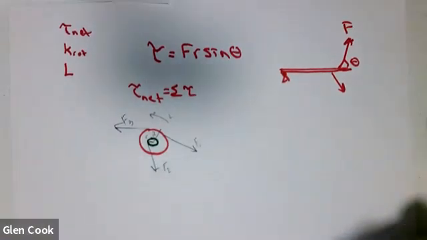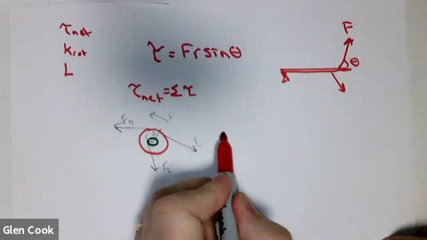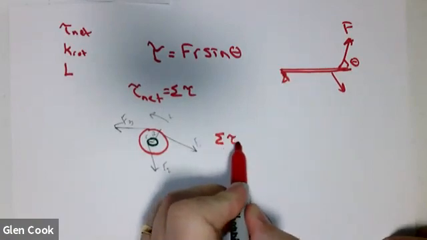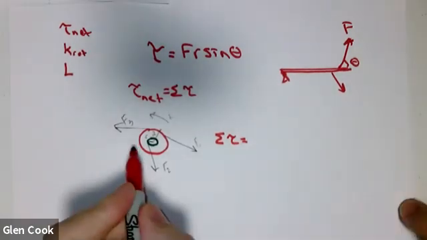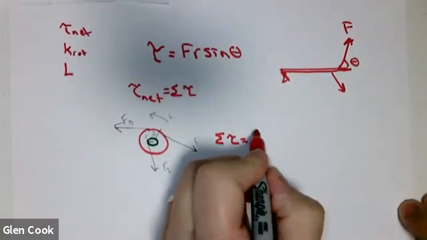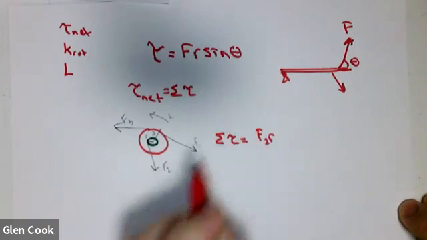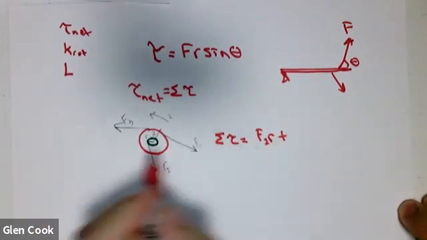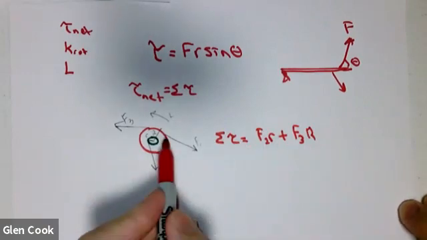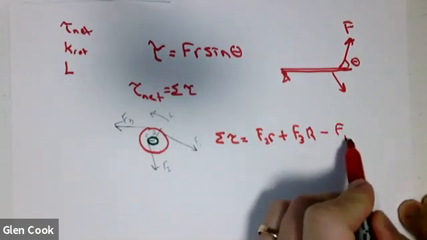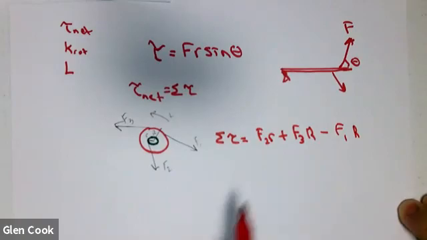Then the sum of the torques, or torque net, with positive forces first, would be F2 at r and F3 at R, and then I'm going to take away F1 at R. Why did you put them in that order?